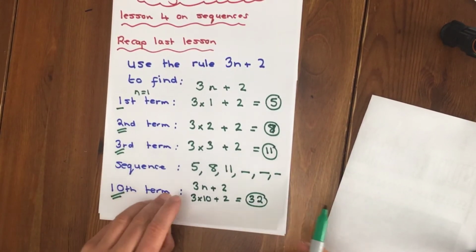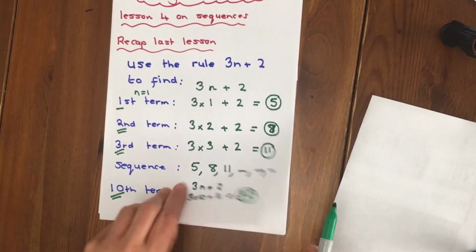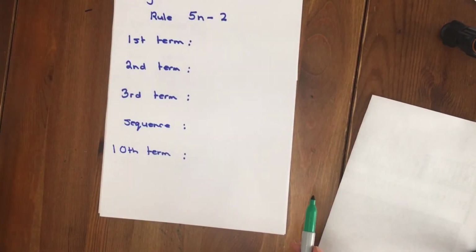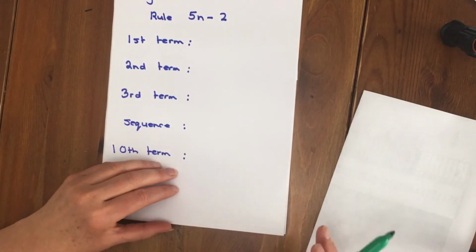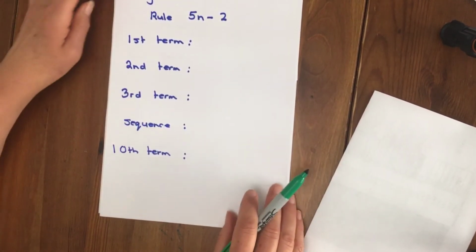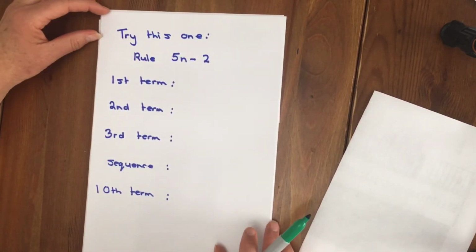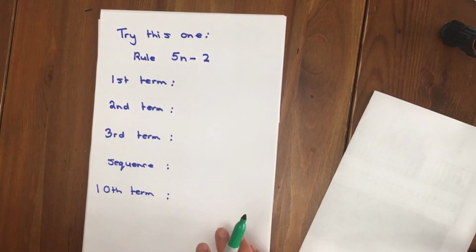What we're looking at today is sequences that still increase as they go up, but we're going to look at n squared sequences. Before we do that, I'd like you just to try this one, just to recap from last lesson. Pause the video and then I'll go through the answers.